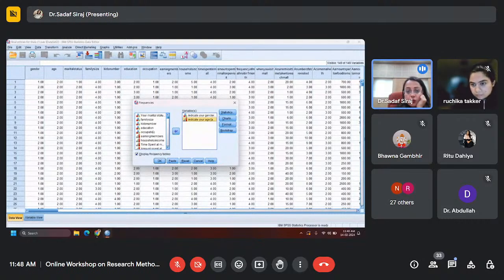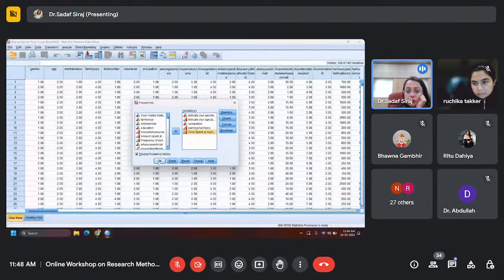I want to know the occupation of the people. Whichever question you want the frequencies calculated for, just click on it and click on the arrow. Is it clear? Once you have chosen the different questions for which you need the frequency table, you can click on OK.